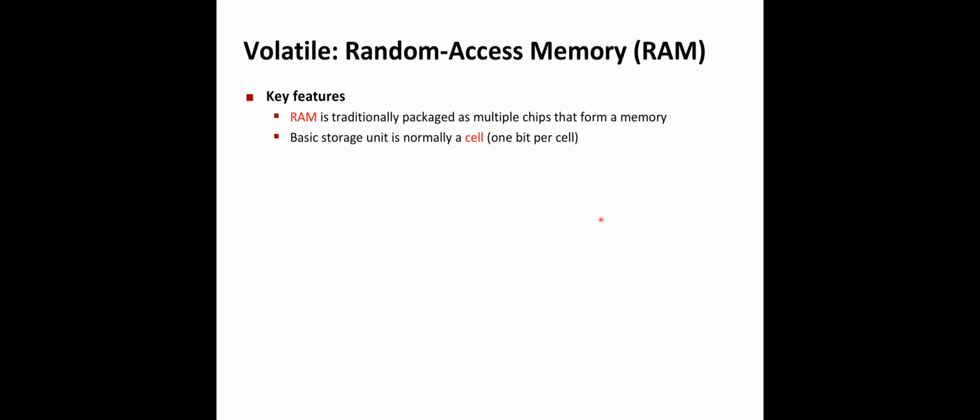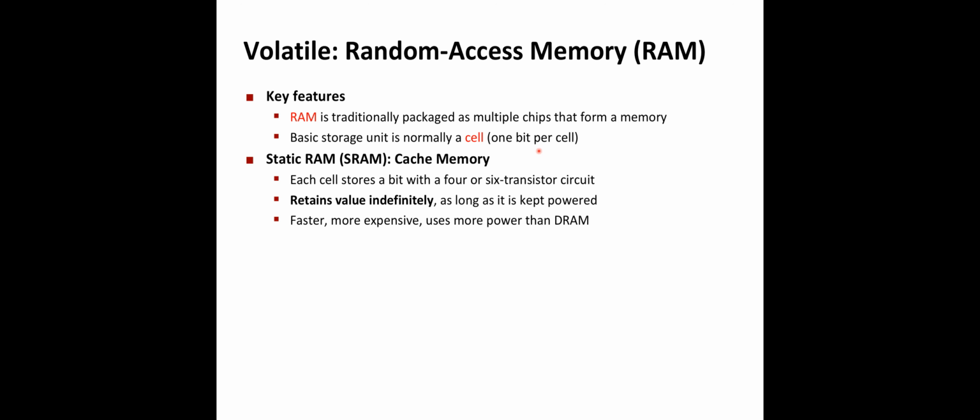one of the key features of this kind of memory is it's usually multiple little chips, and one cell in these chips holds 1 bit. And so the static RAM, which is used for cache memory, might look something like this. But in our CPU, it's even smaller.